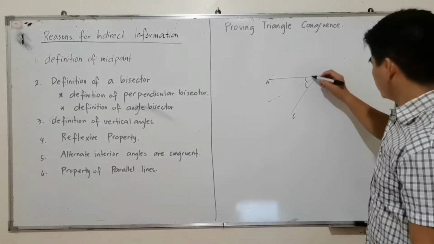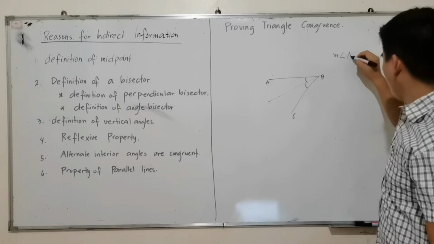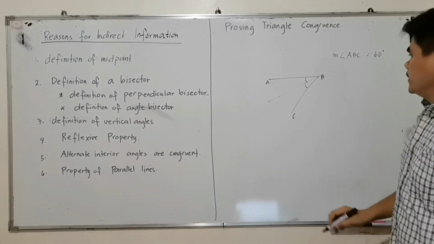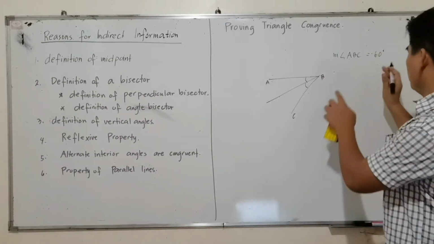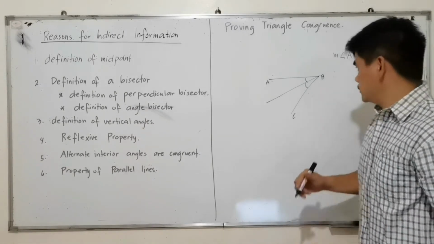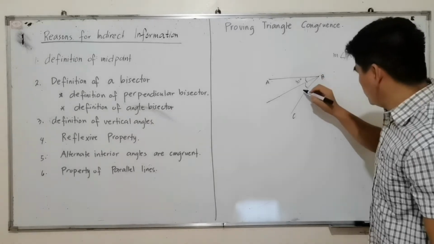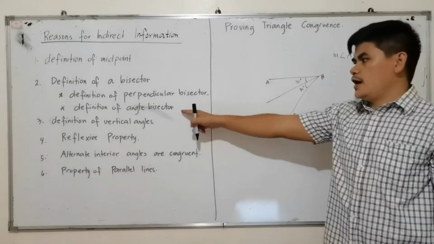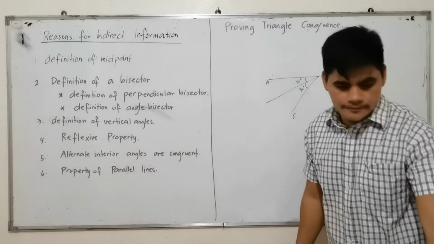If the measurement of angle ABC is 60 degrees, then the angle bisector divides 60 degrees into two equal angles. Therefore, there is 30 degrees here and another 30 degrees here because of the angle bisector. I hope that is clear also.